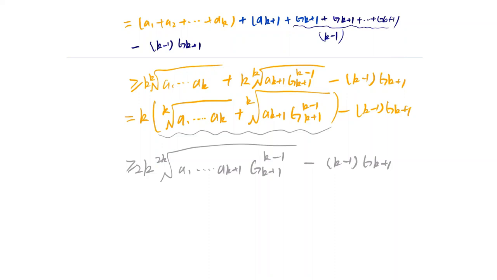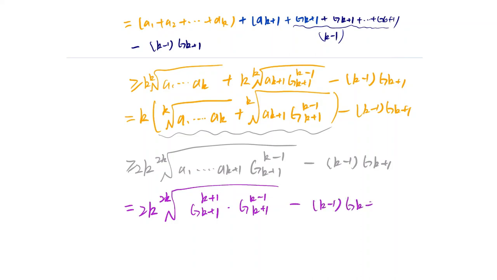And this expression is actually equal to 2k times the 2kth root of g_{k+1}^{k+1} times g_{k+1}^{k+1}, minus k minus 1 times g_{k+1}.